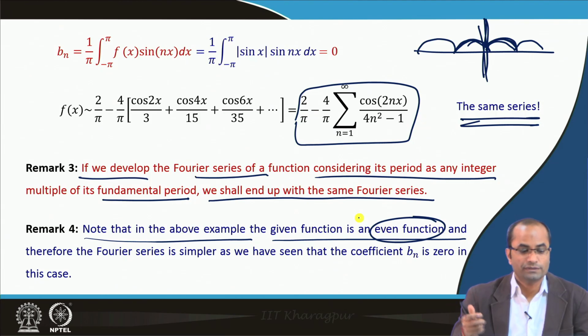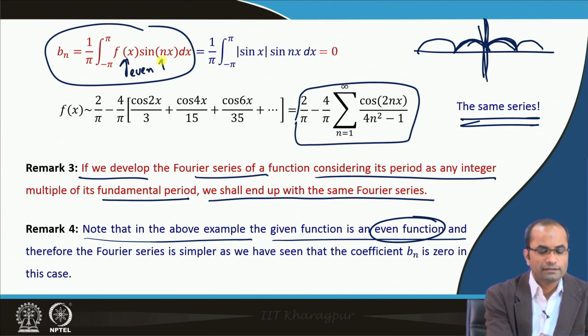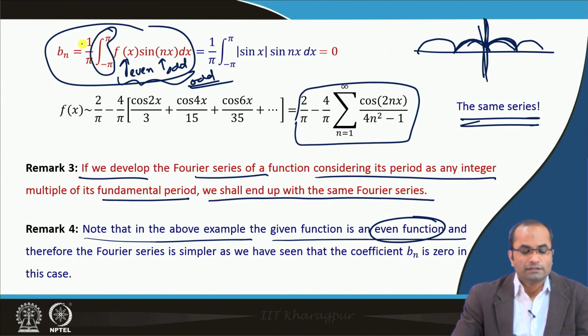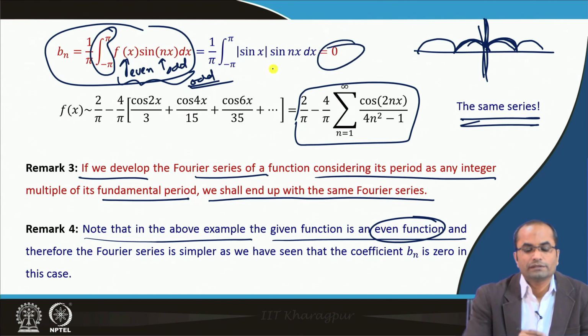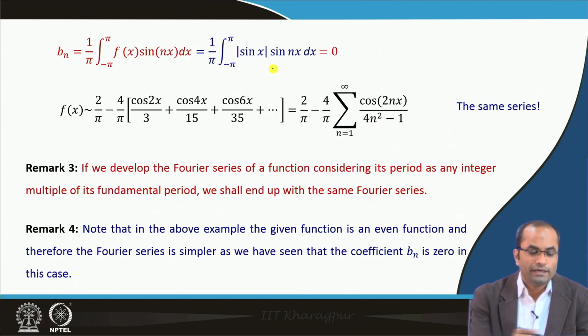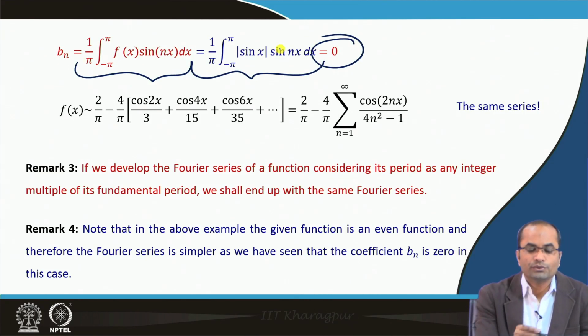So, for the b_n coefficients, when we computed here this b_n coefficient, if this f(x) is even and this is odd, the product of these two, even and odd, is odd. If the integrand is odd and we are integrating from minus π to π, then this integral will be 0. So, that is another way of describing this, and not having to compute this 0.